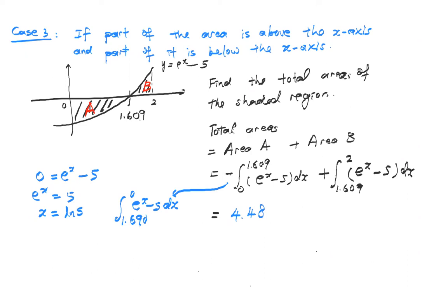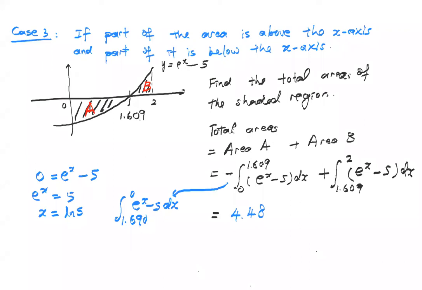Okay? So if you know how to use your graphic calculator, this chapter, after all, is not that difficult. But we still have to try how to get the exact total area, am I right? So we shall try how to get the exact total area.